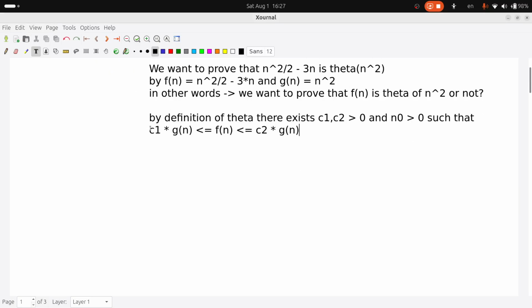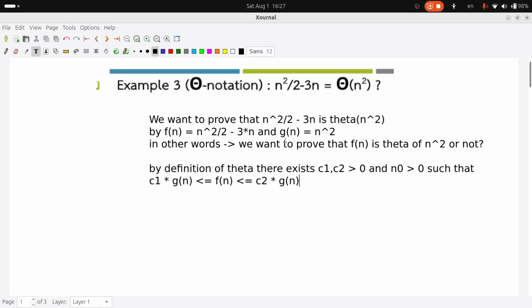So to prove it, we have to find c1, c2 and n0. Oh, I forgot one thing. We should include that this holds for all n greater than or equal to n0.